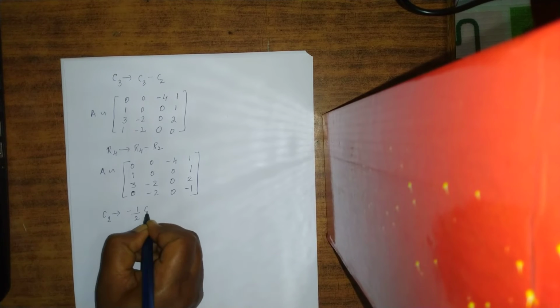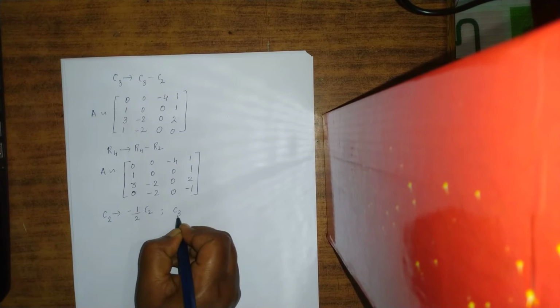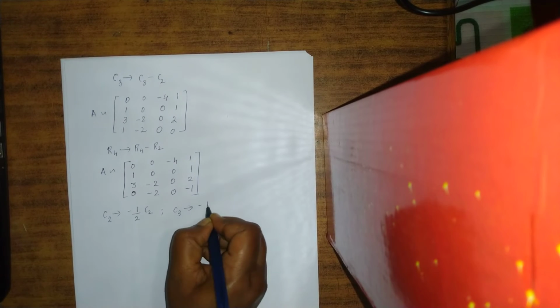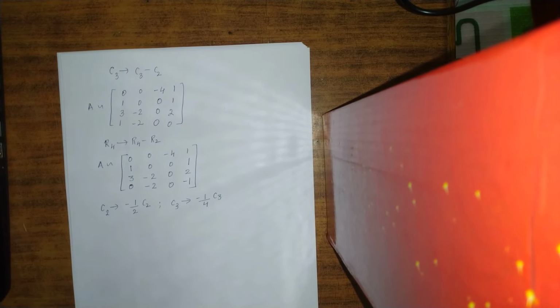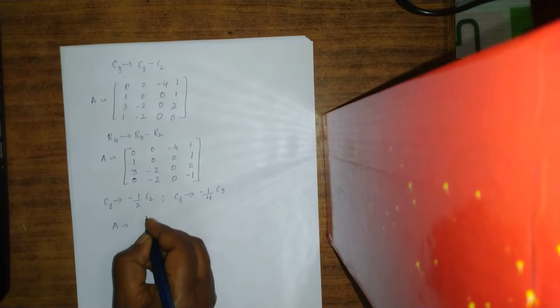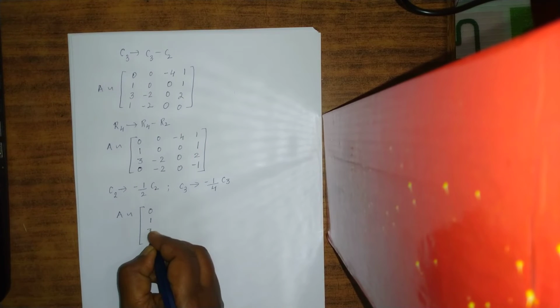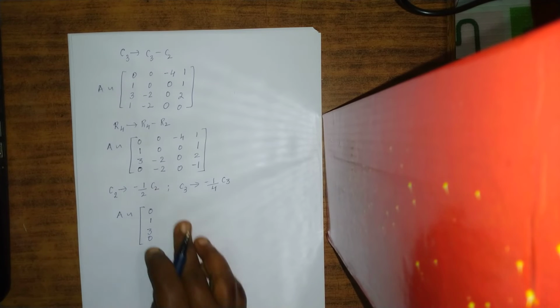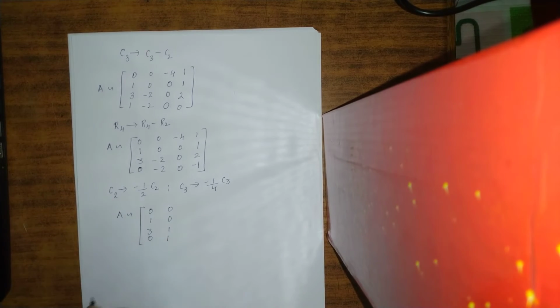Now in the C2 column, what we can do is minus 1 by 2 C2. And in C3, what we can do is minus 1 by 4 C3. So that A becomes now: the column 1 is as it is, 0, 1, 3, 0. The column 2 becomes 0, 0, 1, 1.